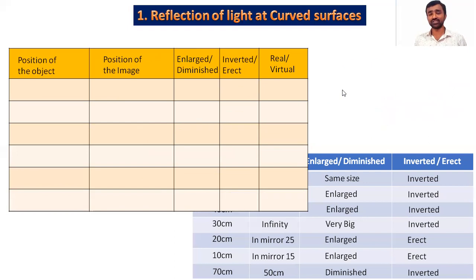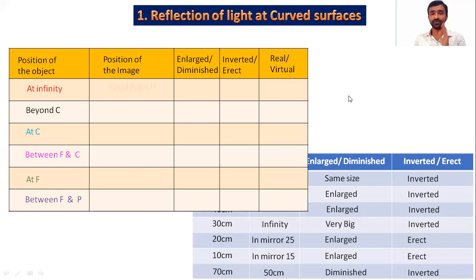So when the place selected for the object is at infinity, right? Very far distance. Where do you get the image? That is at focus. Small image. For this, I'll give you the example. So I'm writing the first position of the object, right? So what is the first one?